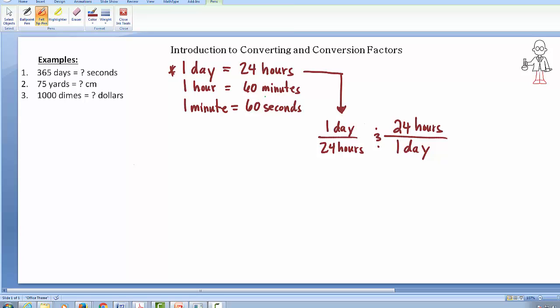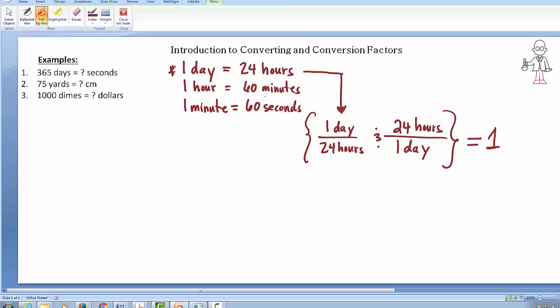Now, the fact that this ratio, or both these ratios, are equal to 1, that allows us to use this as a conversion factor.